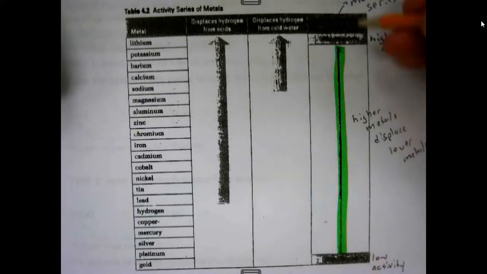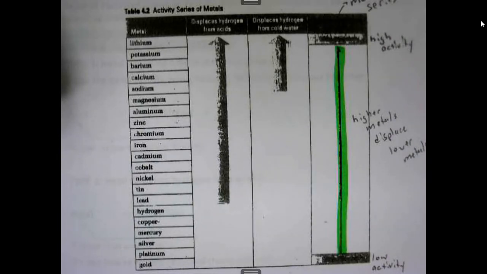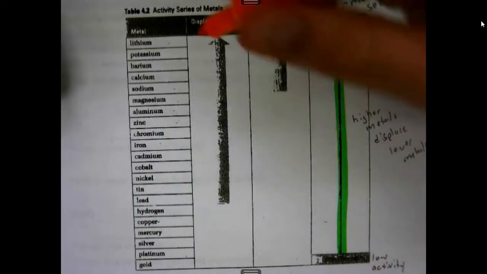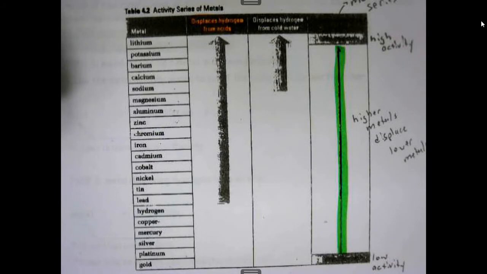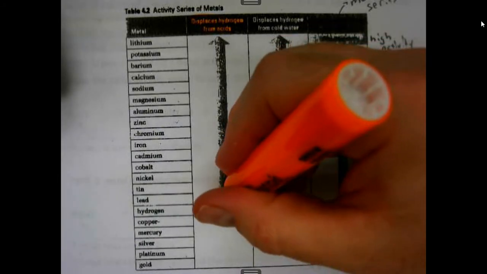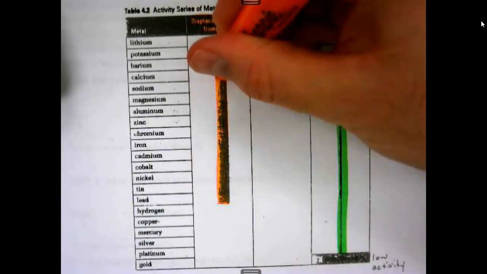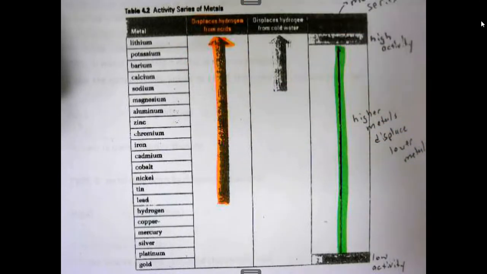Okay. There's a couple of things on here as well that are interesting. So this is what you'll use for metals. Basically, the higher the metal, it replaces something that's lower than it. Now, there's also other displacements that can take place. You notice over here, there's one that says displaces hydrogen from acids. And this is at room temperature without adding any energy or anything like that. So this arrow here is for acids.